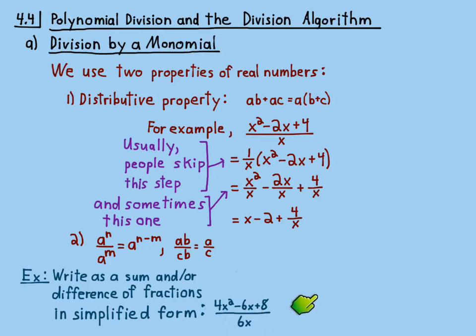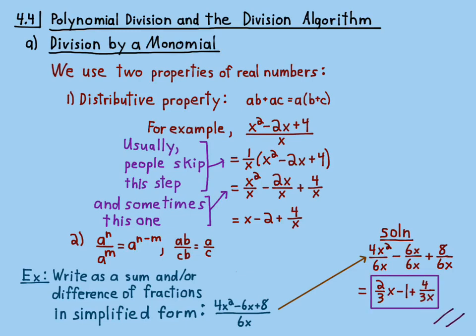So that's going to be, you just put each thing over 6x, pretty straightforward. Now remember, even numbers, there's always a 2 that cancels, so don't miss that. You have to reduce the coefficients as well as the x's. So common factor of 2.